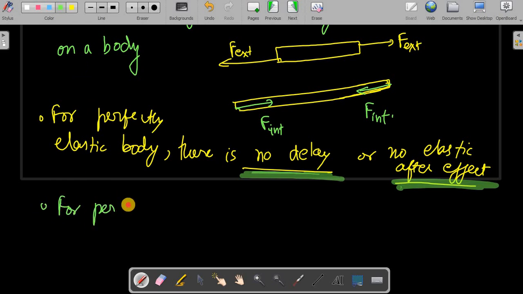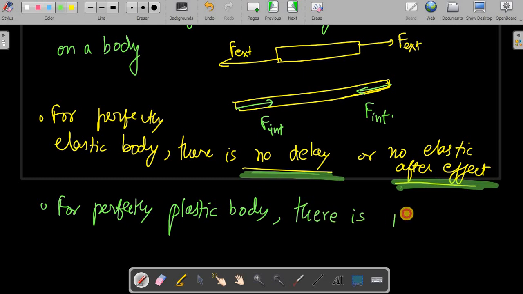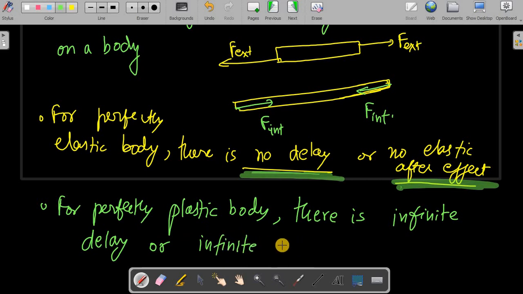For a perfectly plastic body, there is infinite delay, or infinite elastic after effect.